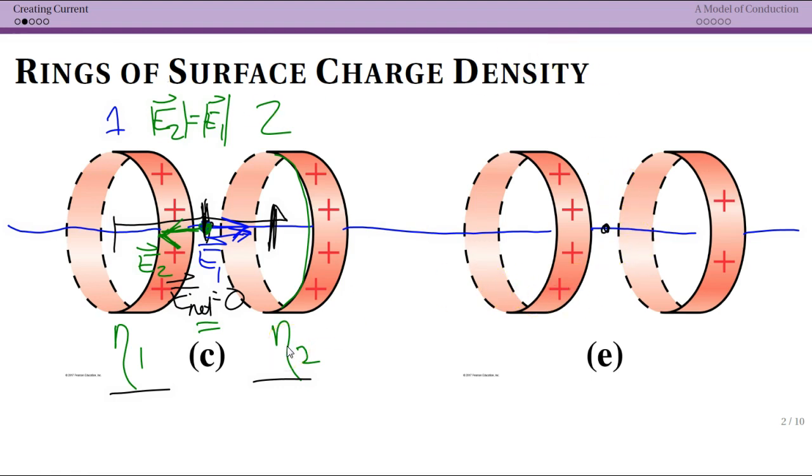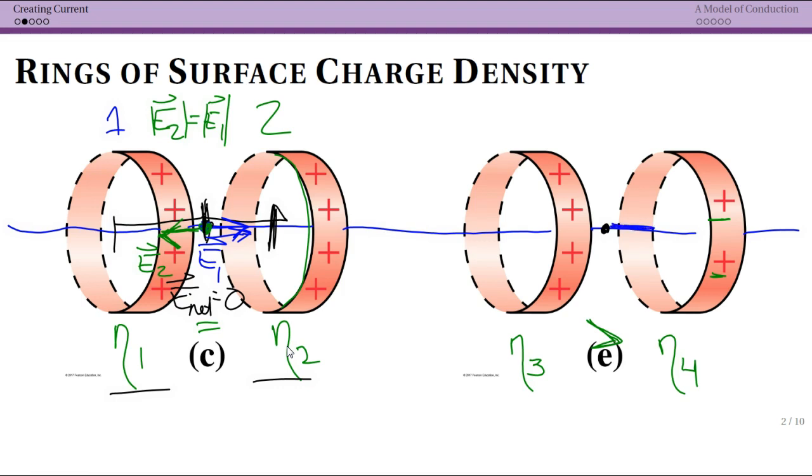Again, we're going to go to the center point, and we're again going to think about these rings of charge. Now, I'm going to give these a different number just so we can keep track of them as different. We have surface charge density 3 and surface charge density 4. Notice that this one has fewer charges. So we would say here that my surface charge density 3 is greater than surface charge density 4.